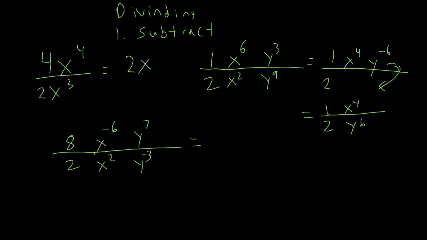So how we attack this one is that we do 8 divided by 2, which is 4. And then negative 6 minus 2 is going to be x to the negative 8. And then y to the 7th minus y to the negative 3rd is going to be positive 10.